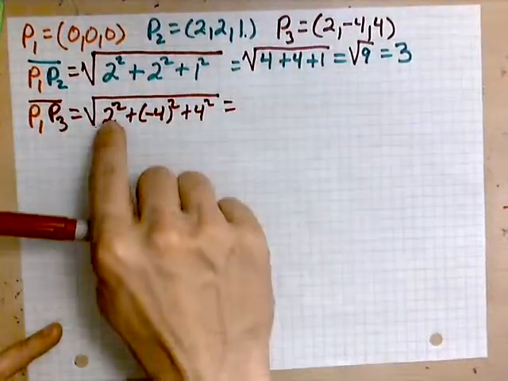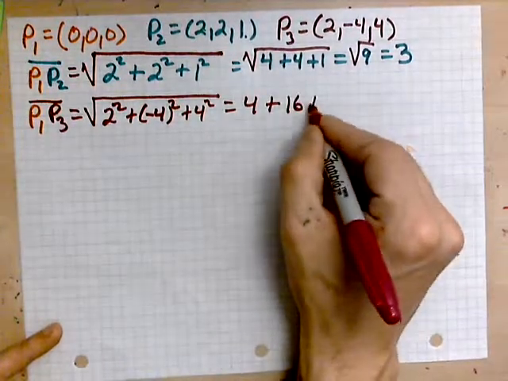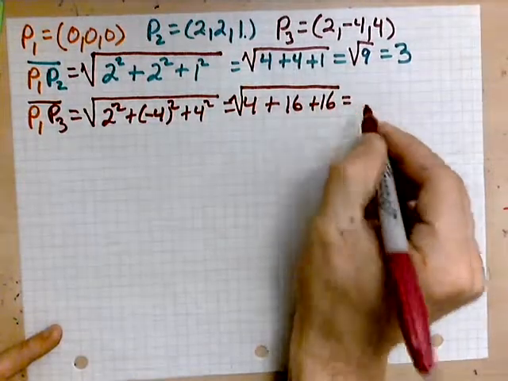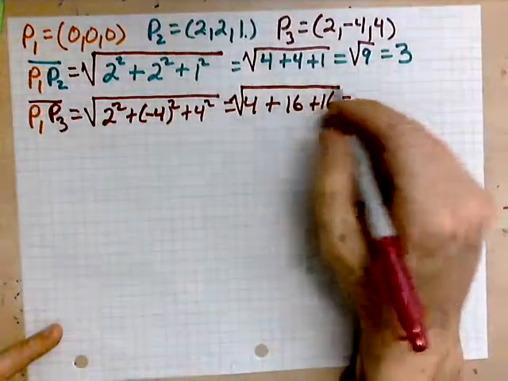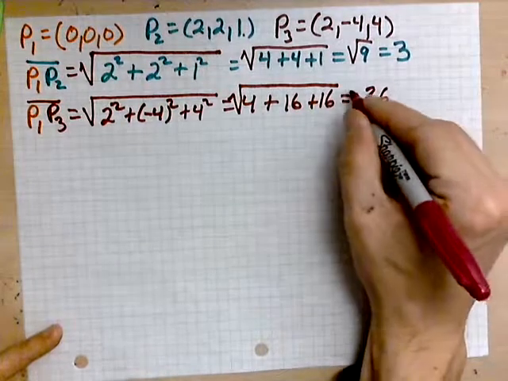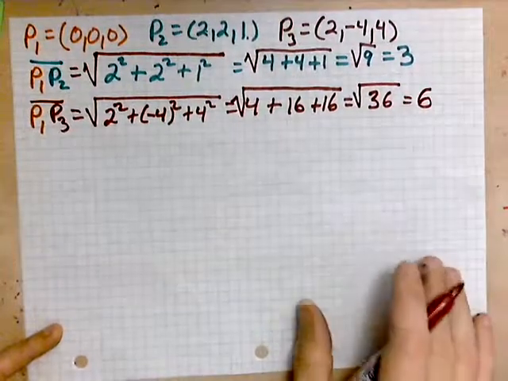Let's simplify this. This is now 4 plus 16 plus another 16. So 16 and 16 is 32, and 4 is 36. And the root of 36, of course, is 6.